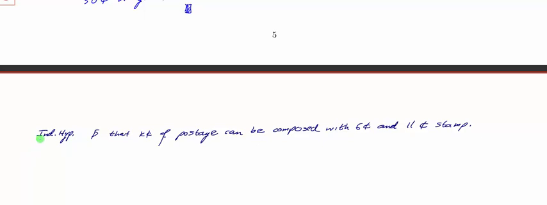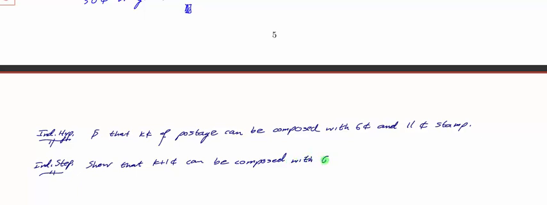And then in your induction step, show that k plus 1 cents worth of postage can be composed with 6 cent and 11 cent stamps.